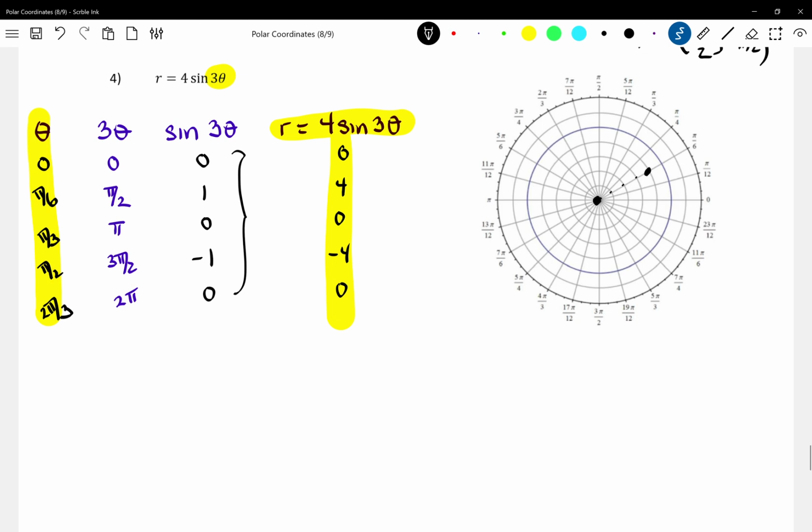Now let's try to figure out what's happening in between there. We know how the sine function is. It starts at 0, goes up to its max, and then comes back down to 0. So that means r is increasing until we get to 4, and then it's decreasing again until we get back down to 0. So then what happens after that? Well, theta equals pi over 2, we're at negative 4.